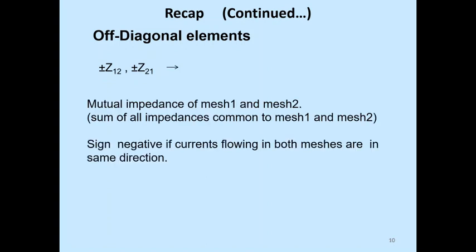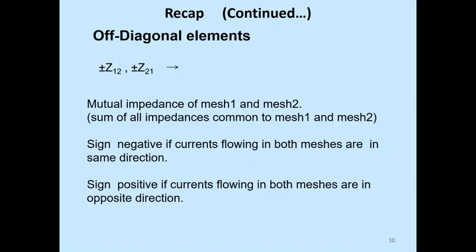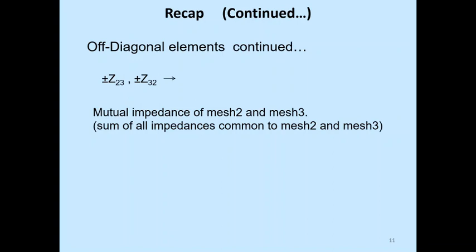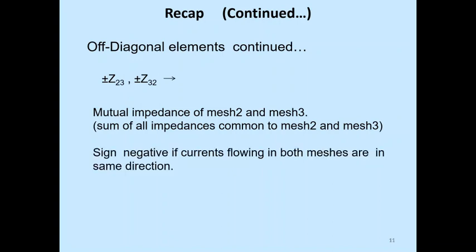The sign is negative if the currents in both meshes flow in the same direction, and the sign is positive if the currents flow in opposite directions. Continuing with the off diagonal elements, Z23, Z32 is the mutual impedance between mesh 2 and 3, and the sign is negative if the currents in both meshes flow in the same direction.